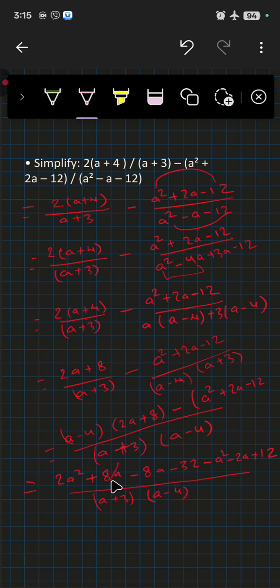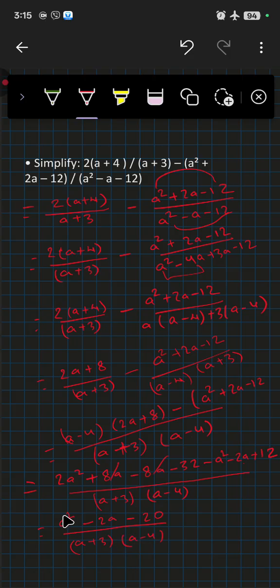Now let's see, this 8a is reduced, and then 2a square minus a square gives us a square, 32, and this is 2a. 2a is left over here, and 32 and 12, when subtracted, will become 20, whole upon a plus 3 into a minus 4.